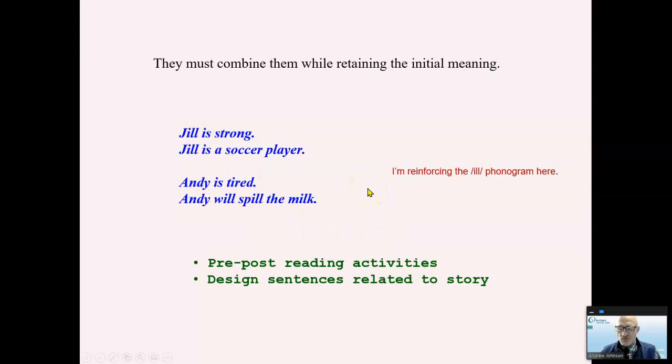Again, pre and post reading activities, design sentences related to the story. Instead of doing that stinking comprehension worksheet that does absolutely nothing to help children comprehend, it's just a remembering worksheet or a look back in the story worksheet, create activities like this that can actually help them become better readers. You don't need that expensive workbook if you have these strategies.